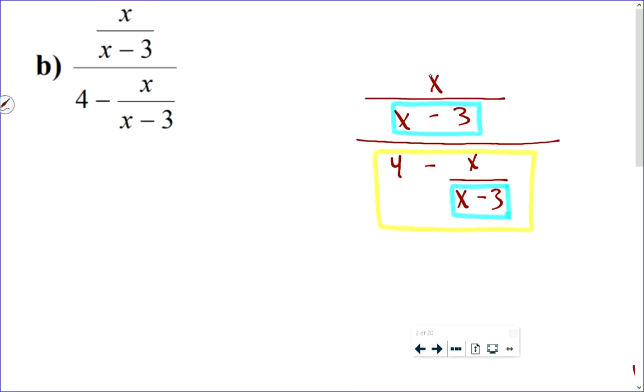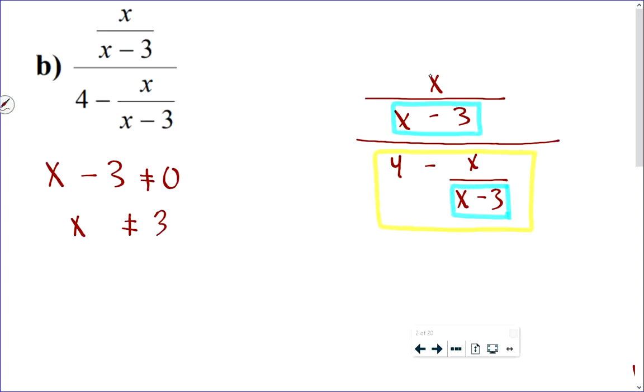One of the statements of non-permissibility, I've just made up that word, I don't know if it's a word, is x minus 3 is not allowed to be 0. That's like taking candy from a baby who's fast asleep. X is not allowed to be 3.